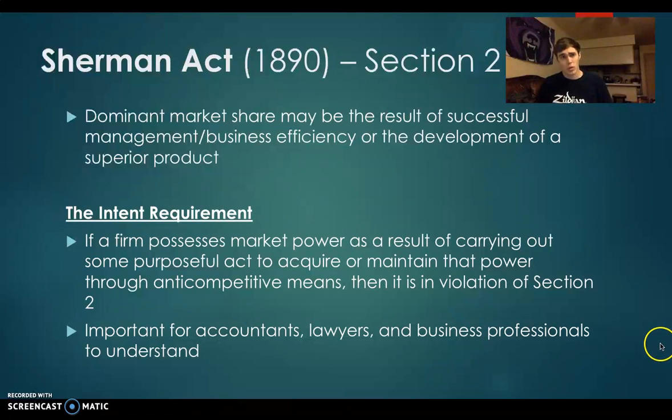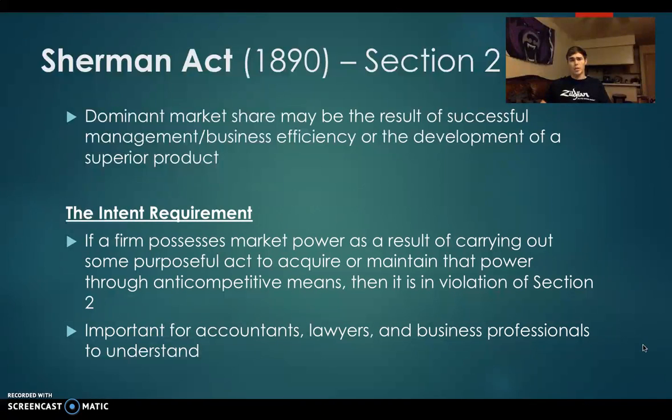So, Section 2 of the Sherman Act. Now, like I said, Section 2 actually addresses the attempt to establish a monopoly, whereas Section 1 addressed the actual act of doing so. But dominant market share may be the result of successful management, or business efficiency, or the development of a superior product.